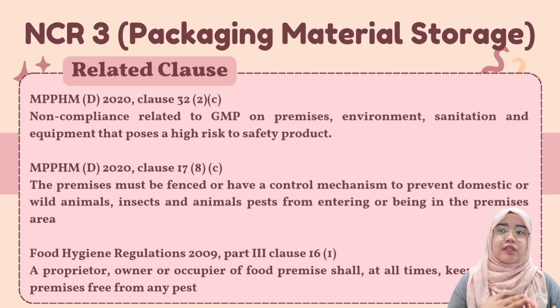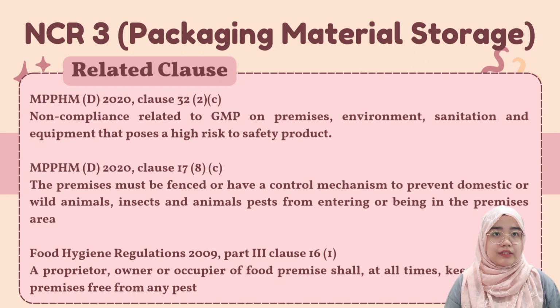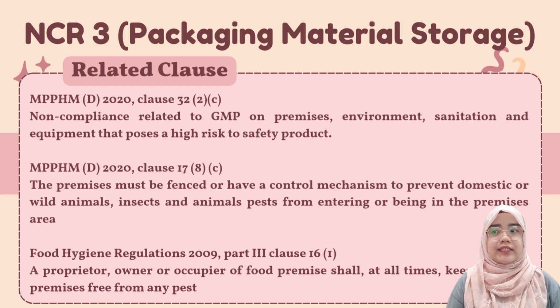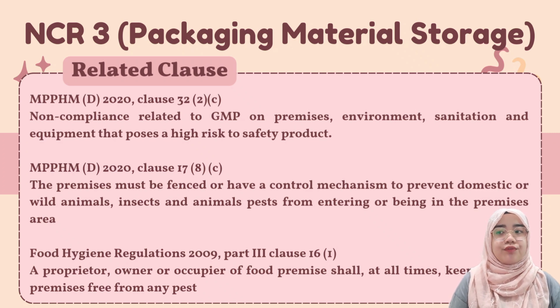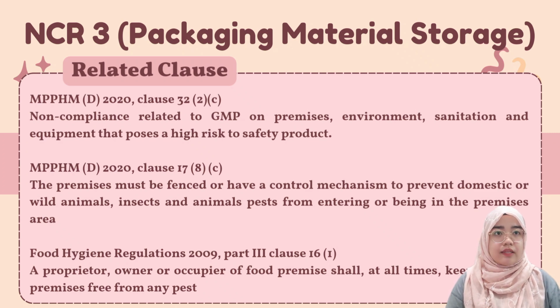Lastly, it relates with the Food Hygiene Regulation 2009 Part 3 Clause 16.1, which says that the proprietor, owner or occupier of the food premise shall at all times keep the food premise free from any pests. Therefore, the dead rat can pose a high risk to the safety product.